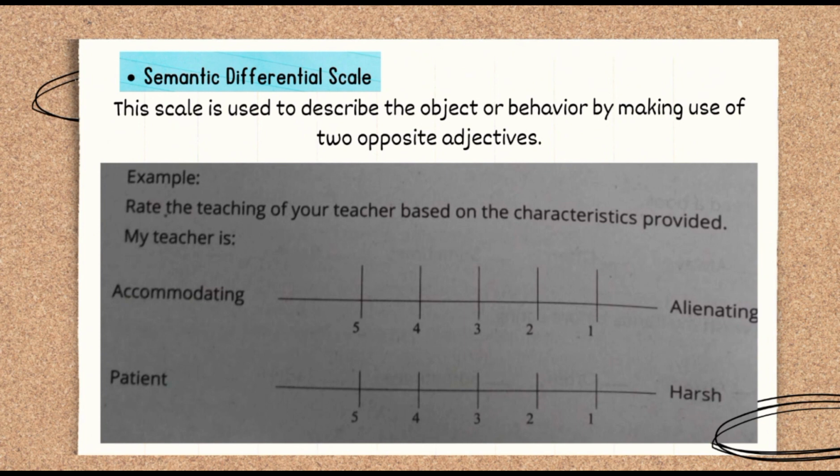But whatever the students rate their teacher, it will still result in either positive or negative. From the example, patient or harsh, patient has 5, which is the highest, and harsh is 1, which is the lowest. So that is only for my part.